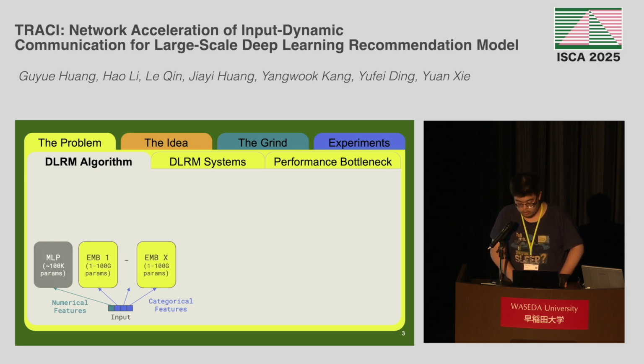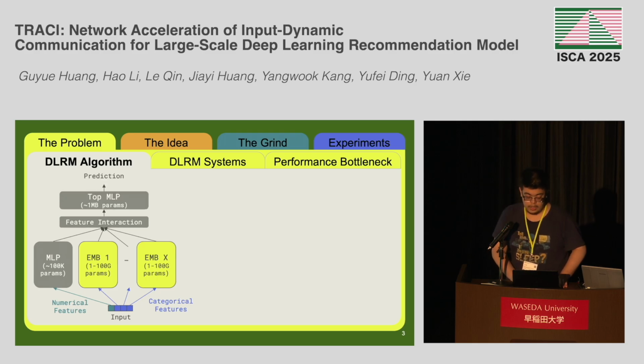The right part is sent to the embedding table, which targets categorical features, and typically the embedding layer has huge parameters, about 1 to 100 gigabytes. After these two operations, there is a feature interaction, and then it is sent to the top MLP to get the prediction result.